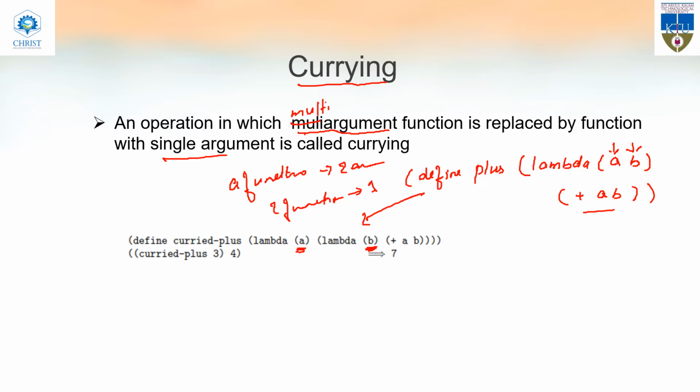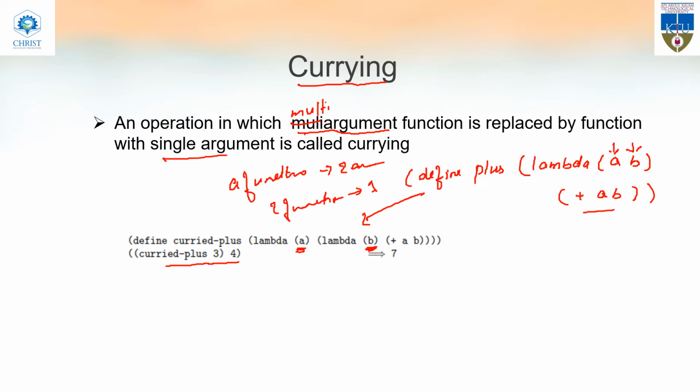Okay, and this is how we will be calling the function, curried plus. So this is curried plus, this is the function, and 3 will be going for a, and 4 for b. So 3 and 4.